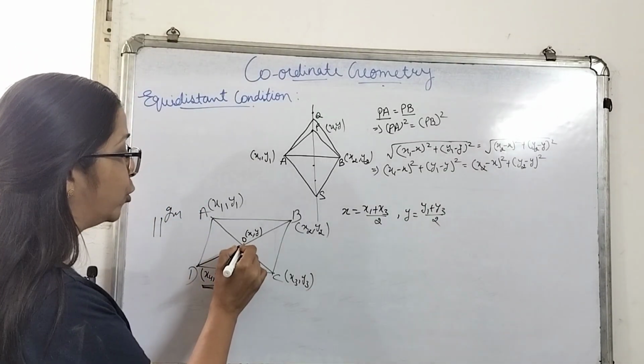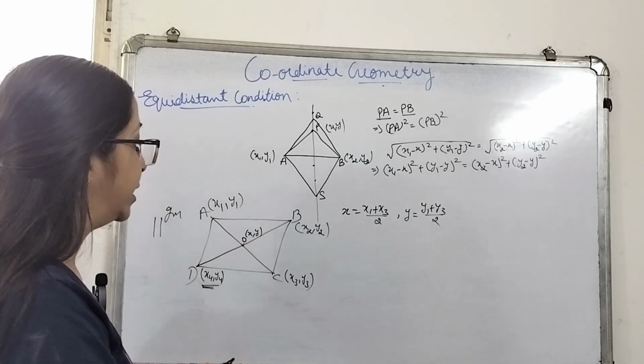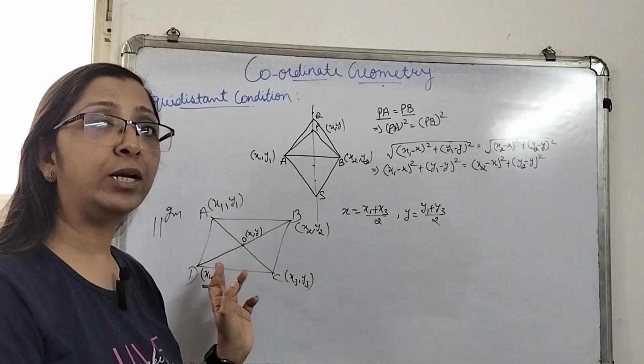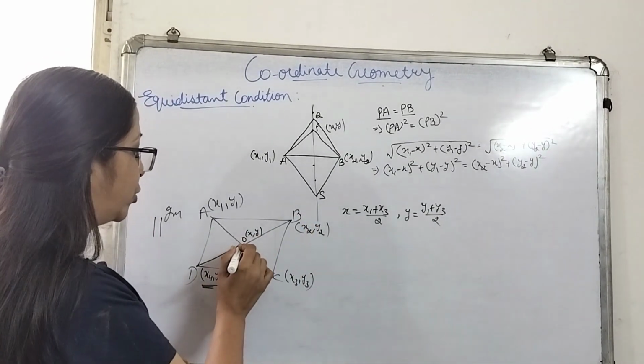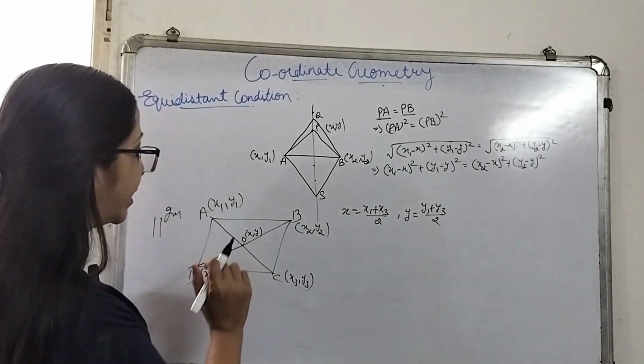And once we have the coordinates of O, from the diagonal BD we can see that O is the point bisecting BD into two equal halves. That means if we have this coordinate, we can easily find the coordinates of D also. How can we do that?